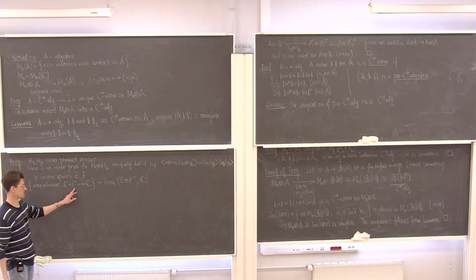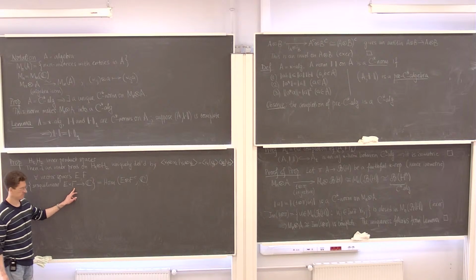Simply because a sesquilinear map is a bilinear map from E cross F-conjugate.